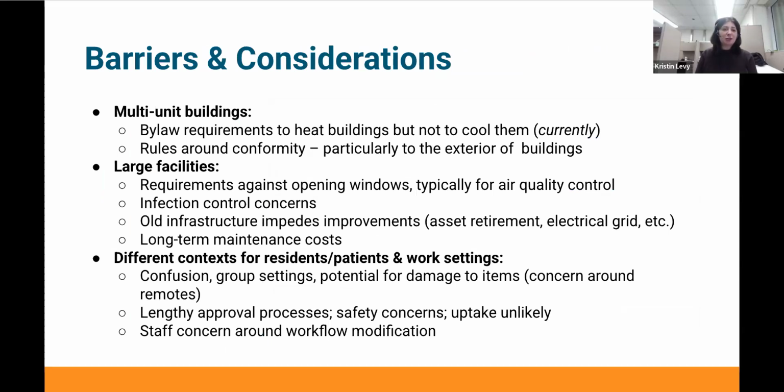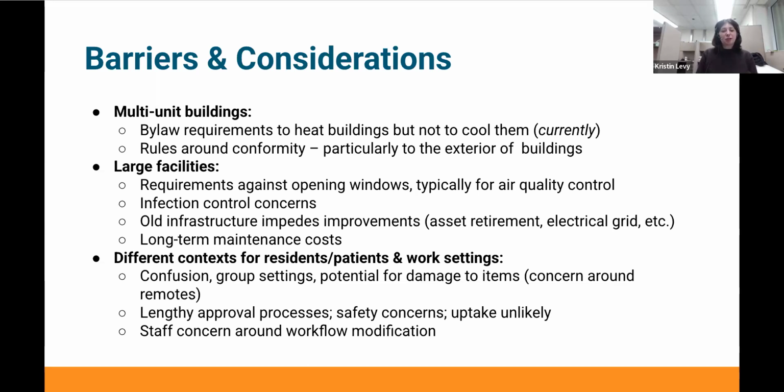This is something that's starting to develop, and cities are starting to catch on to this, and there's movement in this area politically, but at this point, that's a barrier, as well as rules around conformity. So not wanting the outside of the building to look different to other units or other windows can be a barrier. It's quite expensive to retrofit every single window, especially if you're just trying out something. So that's an issue.